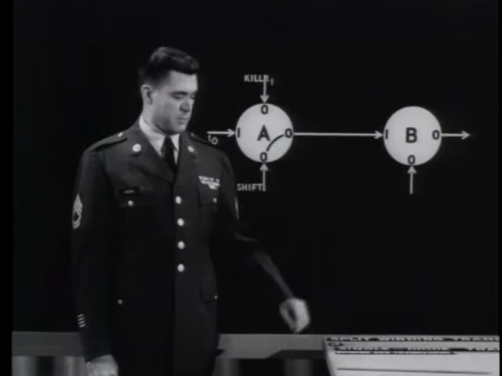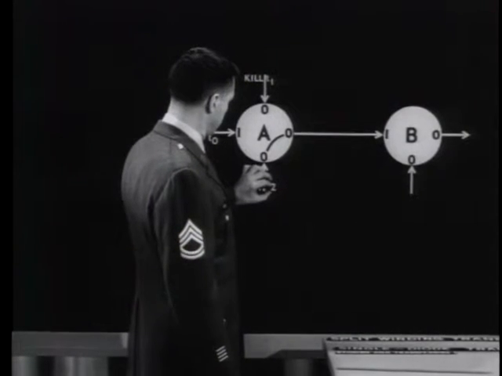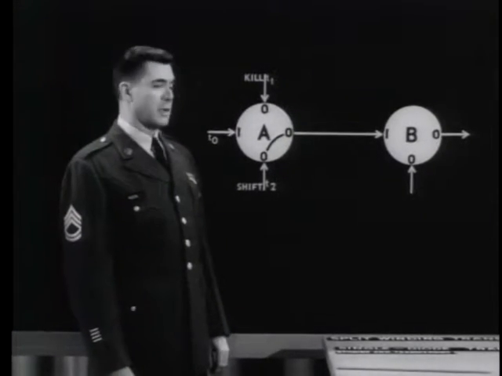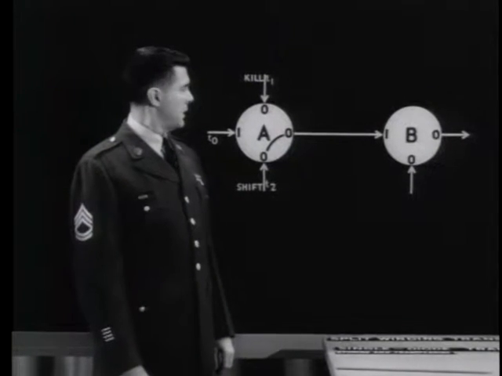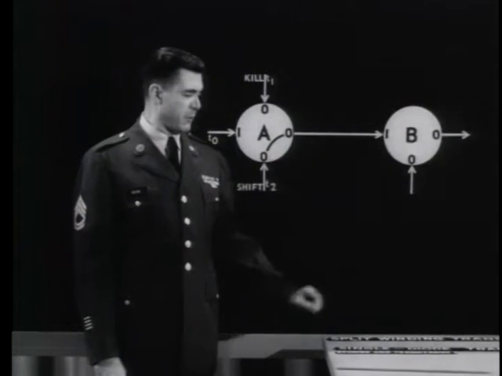The shift pulse comes in at time t2. Until the shift pulse occurs without the occurrence of a kill, there will be no transfer of information to core B. The circuit we have here is the second of the three we are considering.